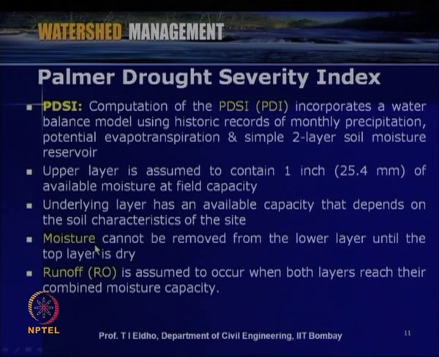Moisture cannot be removed from the lower layer until the top layer is dry. The runoff is assumed to occur when both layers reach their combined moisture capacity, when both are saturated, and only then we assume that the runoff starts. Accordingly this Palmer drought severity index has been designed.